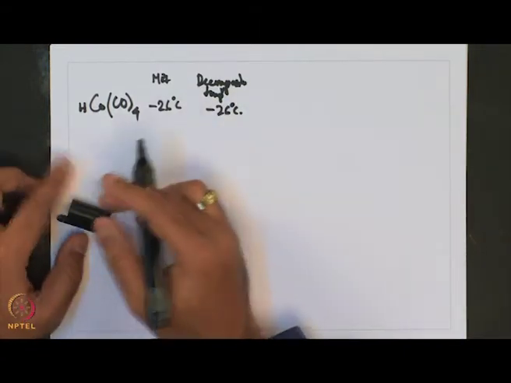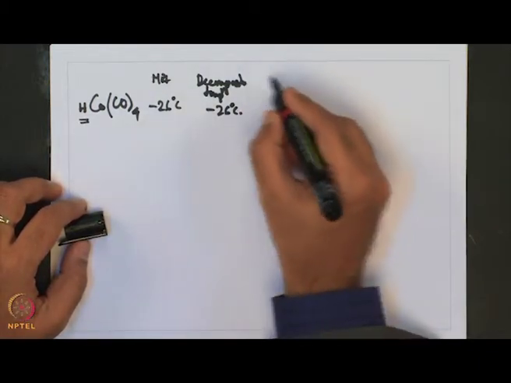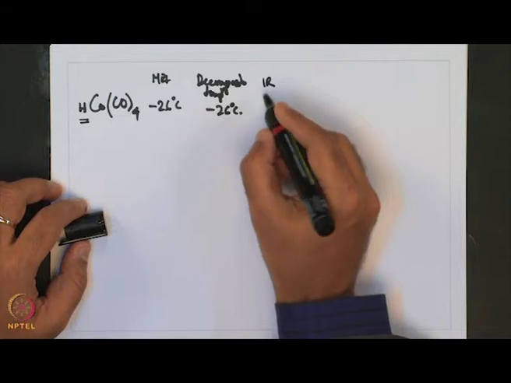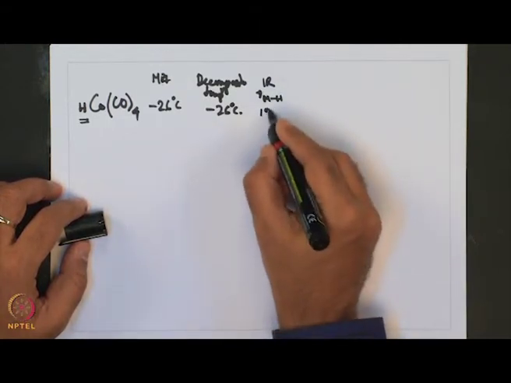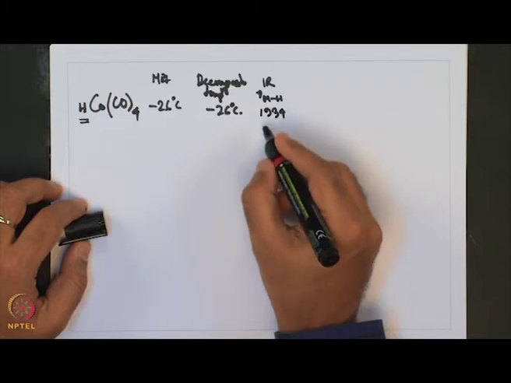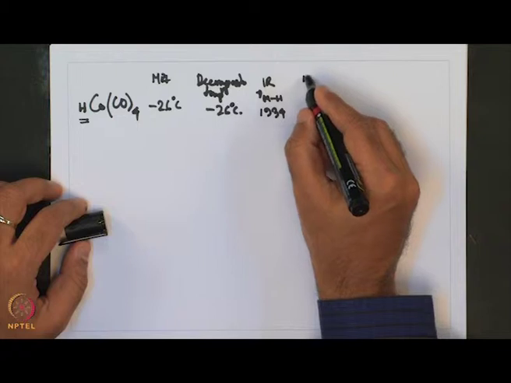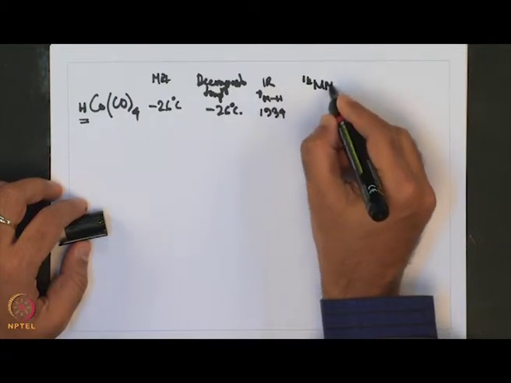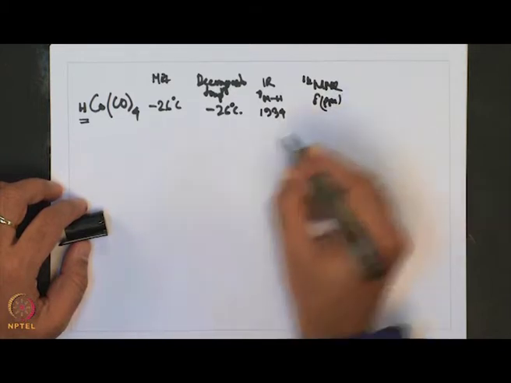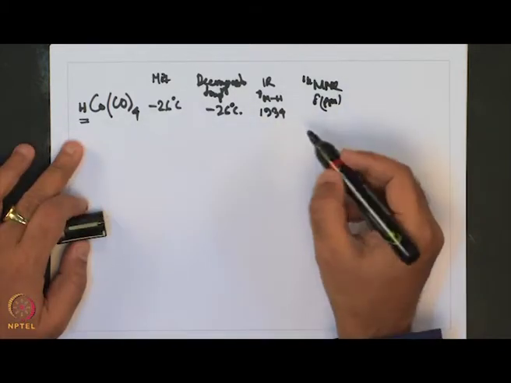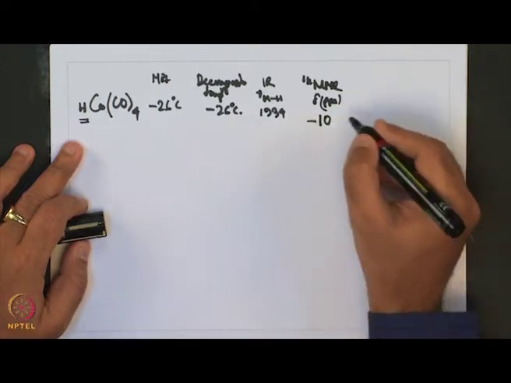This hydrido moiety is characterized in the IR by the M-H bond, which comes at 1934 cm inverse. In the proton NMR, the chemical shift of this hydride is highly upfield shifted like any other metal hydrides and comes at minus 10 ppm.